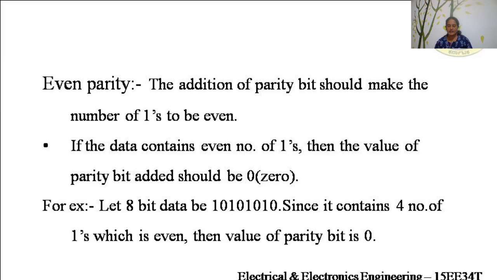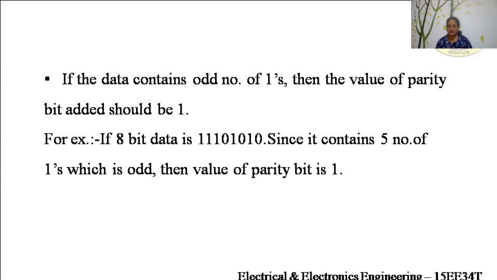Here we can see that the number of ones in the above data is 4. That is, if we set parity bit as 1, then number of ones becomes 5, which is an odd number. Therefore, to retain even number of ones, we must set parity bit as 0.